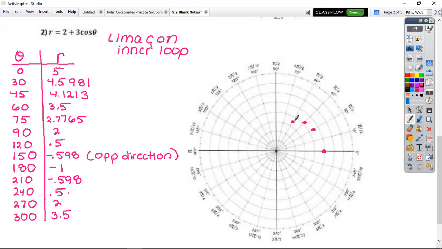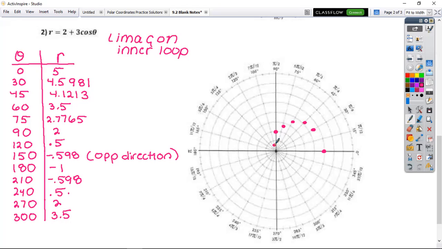I have 75 and like 2.7, so somewhere in here. I have 90 and 2. So there's that section. I have 120 and 0.5. That's right in here. You're going to have to smush it a little bit.